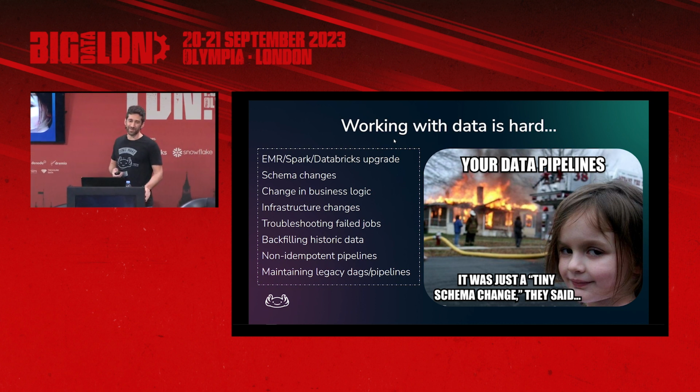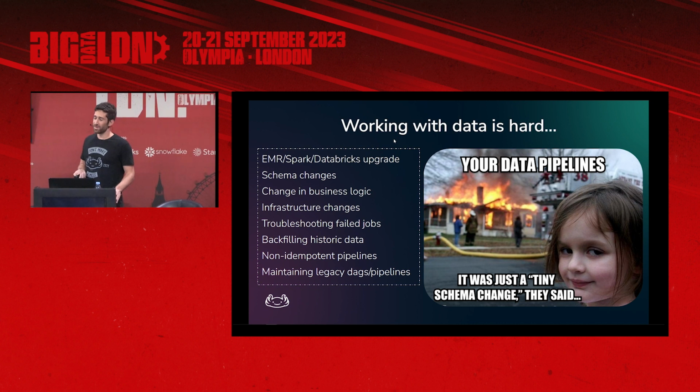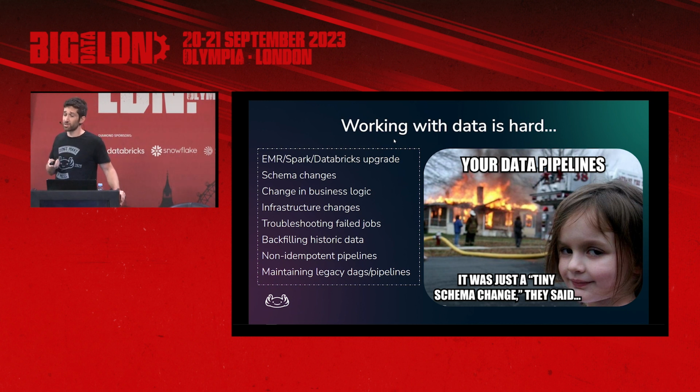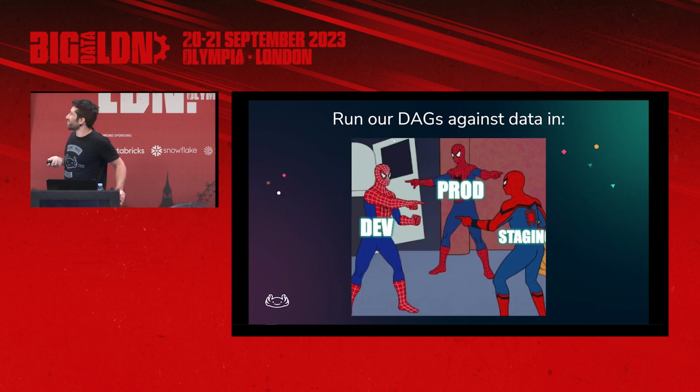The tools in our ecosystem may be upgraded, and the schema of our upstream data may evolve. Now, the effect of these events is very hard to predict or test. And probably the biggest challenge here is, what data do we test on?